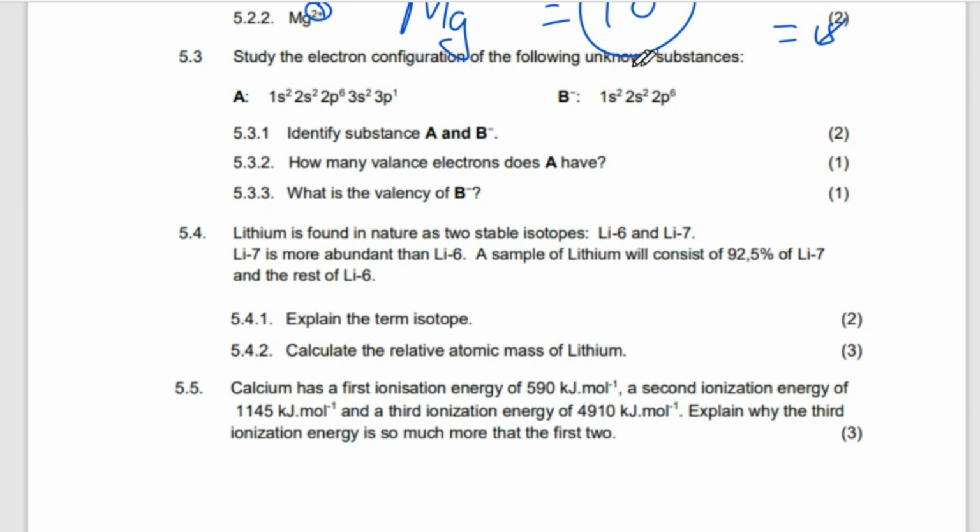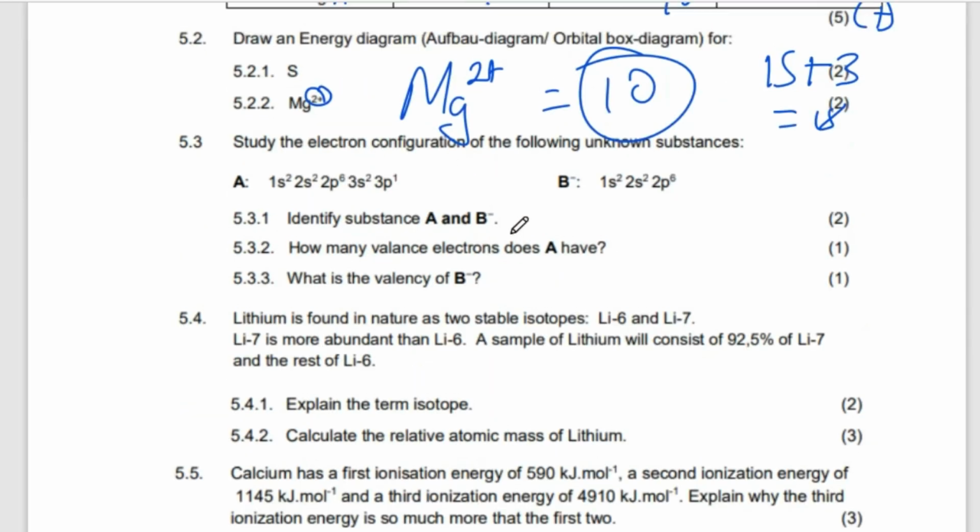Then they go to the next question. Study the electron configuration of the substance. Identify substance A. How? Period 3. I know that this is in period 3, but it has 2 electrons plus 1, because it's 3, 3. So it is 3 plus 1, which gives me 4.